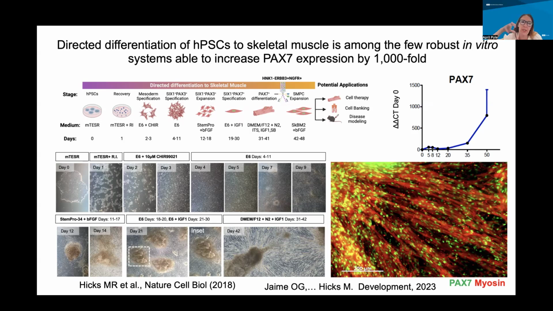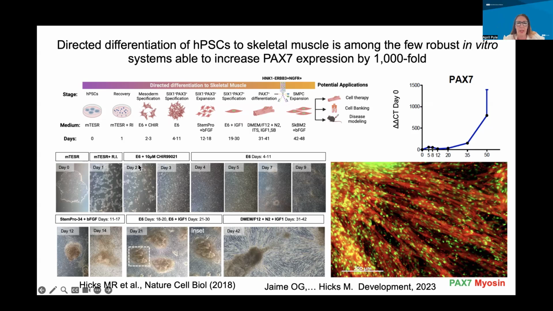So a lot of these growth factors and signaling molecules are also conserved across different protocols, but it is the environment that these cells are in, the media specifications, the concentrations, the cell numbers that really dictate what you're making in a dish.